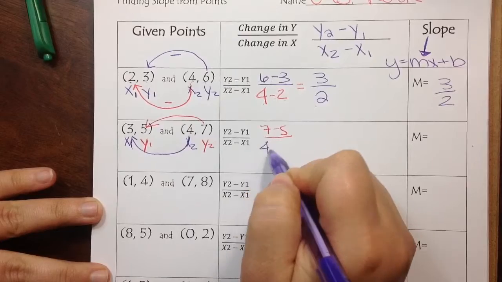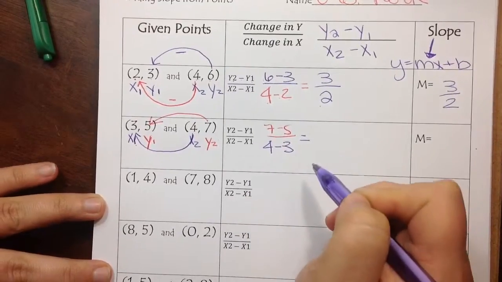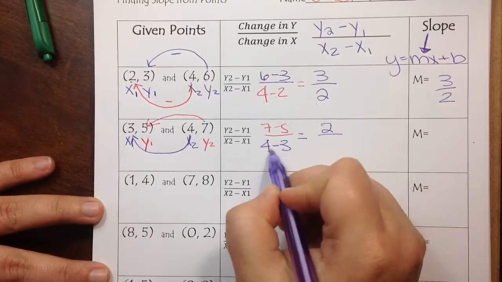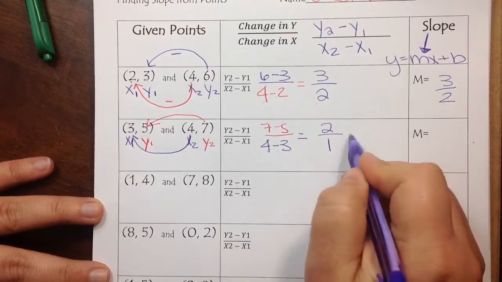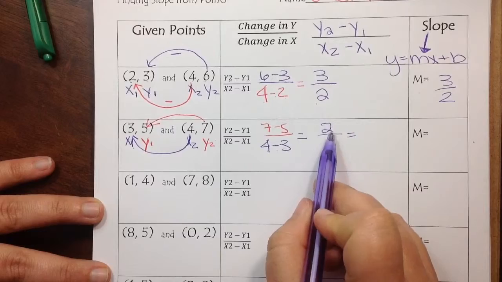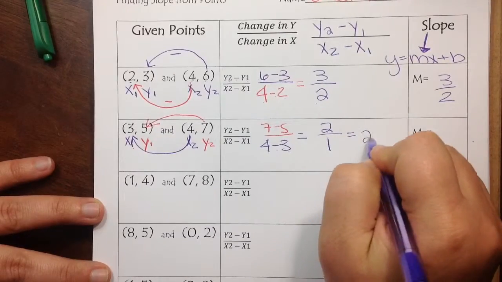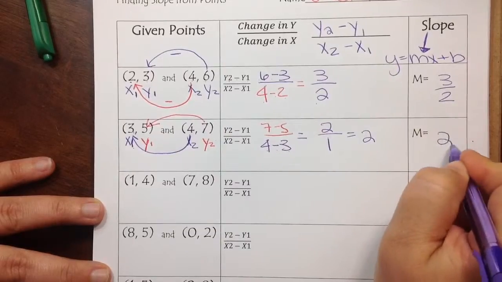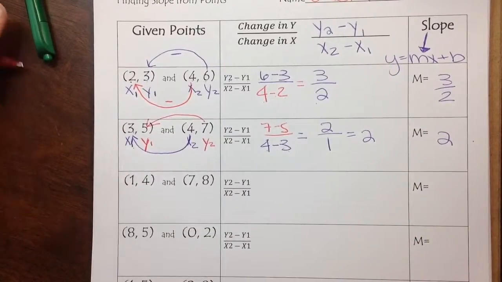So therefore, I have 4 minus 3. Again, I just work it out. 7 minus 5 is 2. 4 minus 3 is 1. This can be simplified because 2 divided by 1 is 2. Therefore, the slope of these 2 points would just be 2.